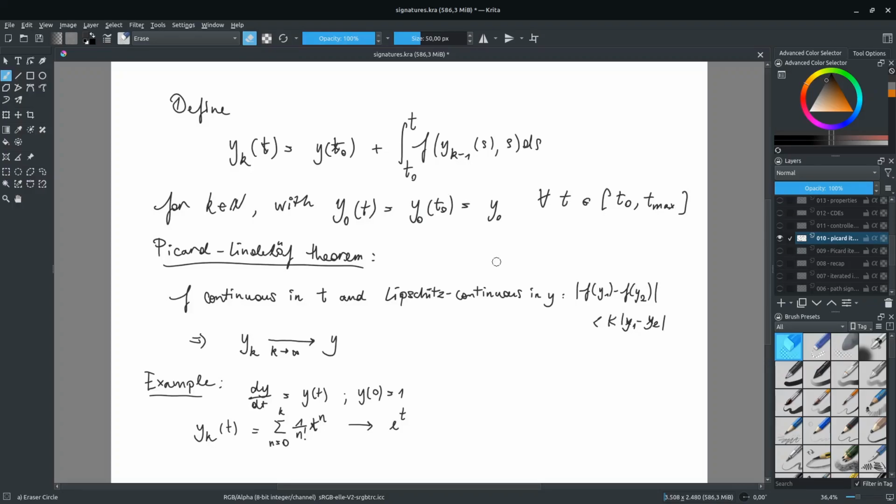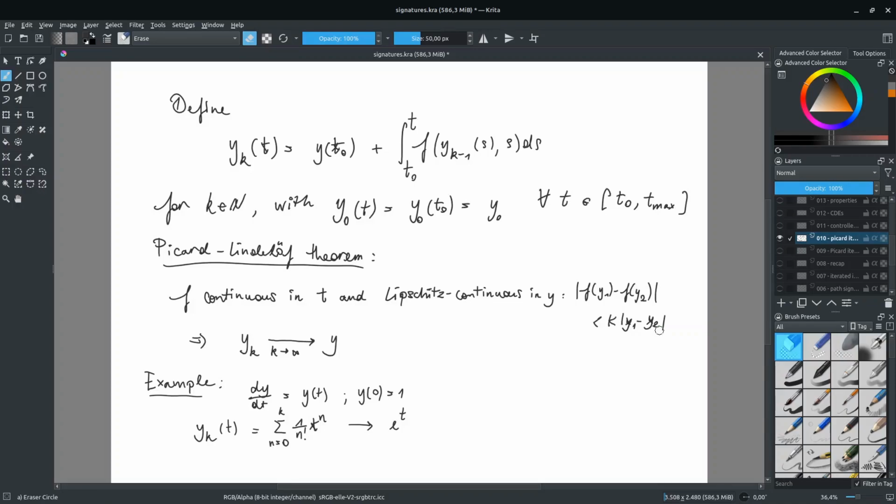And then we have the Picard-Lindelof theorem that says that if f is continuous in t and something called Lipschitz continuous in y, so what Lipschitz continuous means is the thing on the right here. If I have y1 and y2, I need that the distance between f of y1 and f of y2 is smaller than some constant K times the distance between y1 and y2.